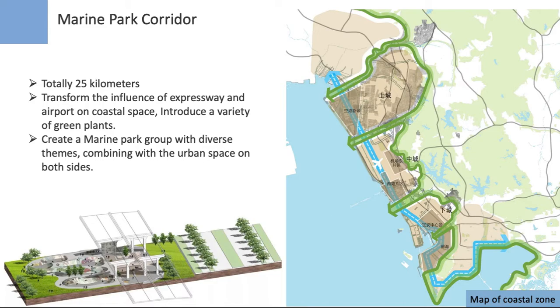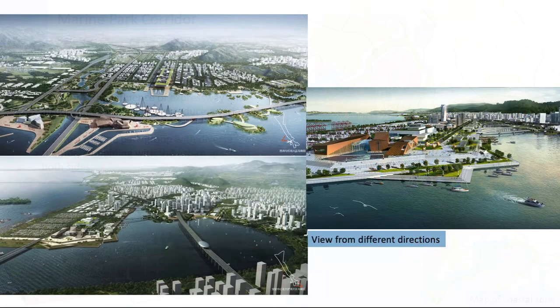This corridor is 25 kilometers in total, transforming the influence of the expressway and airport on coastal space, introducing a variety of green plants, and creating a marine park group with diverse themes, combining with the urban space on both sides. This photo is viewed from different directions.